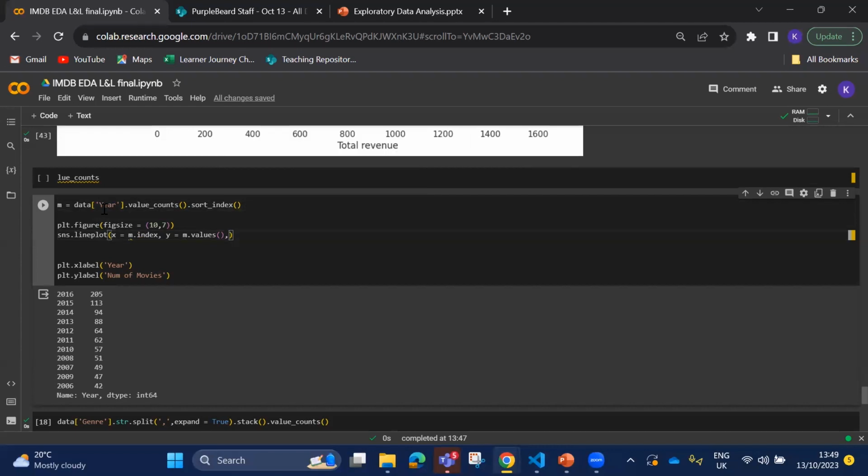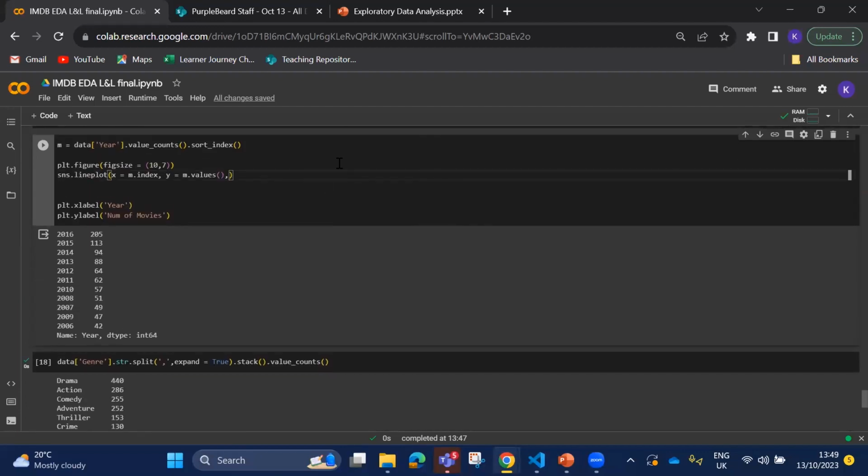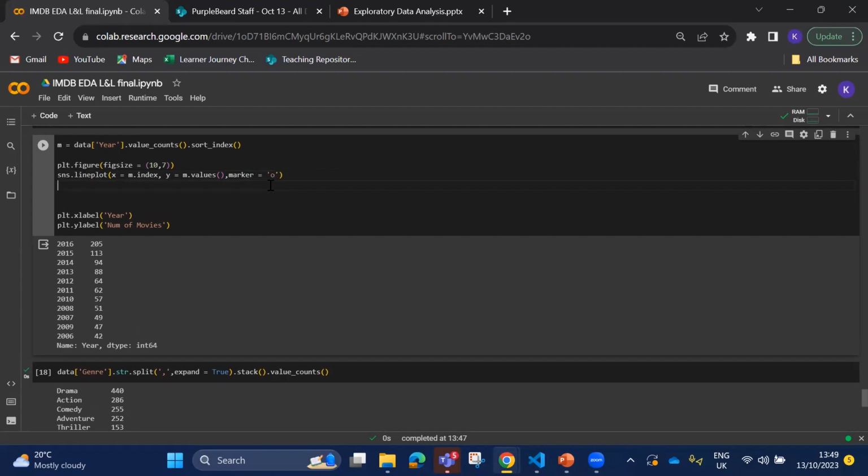And let's put a marker as well so that we can see where the points are. I'll use a circle marker, and let's give it a title.